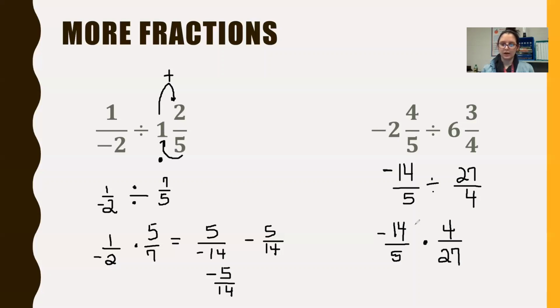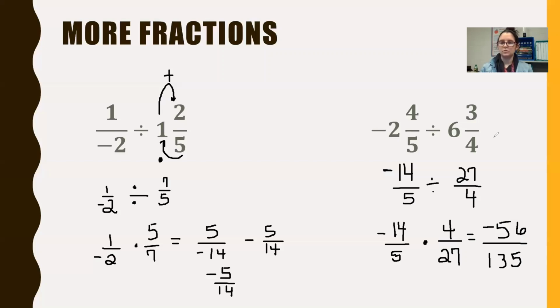There's no common factors between my numerators and denominators, so I'm going to multiply. -14 times 4, that's a positive times a negative, that gives me a negative answer. 14 times 4 is 56. 5 times 27 is 135. So our final answer is -56 over 135.